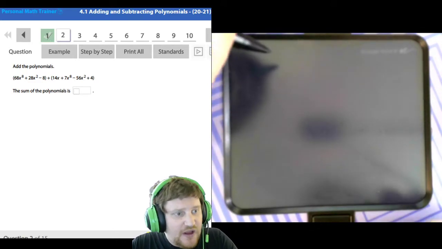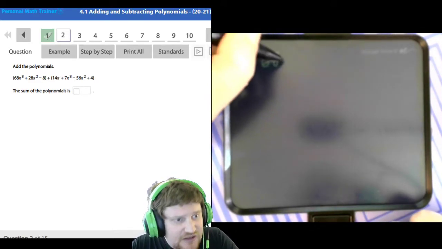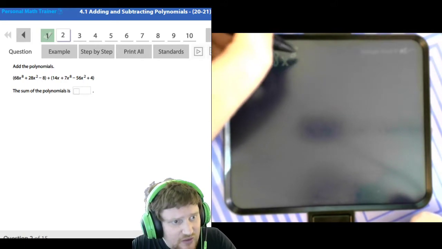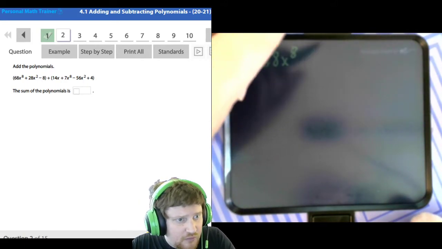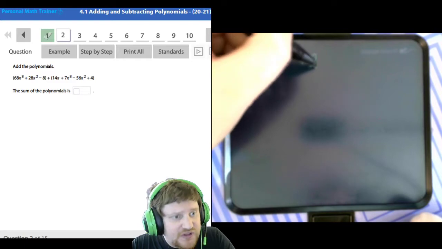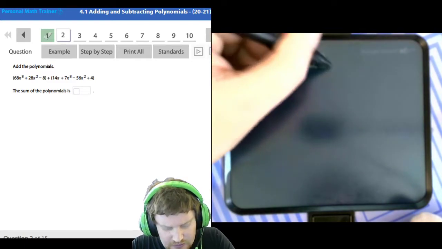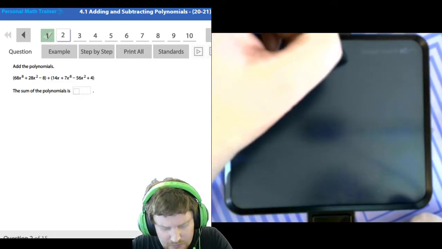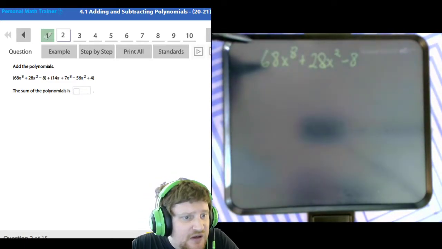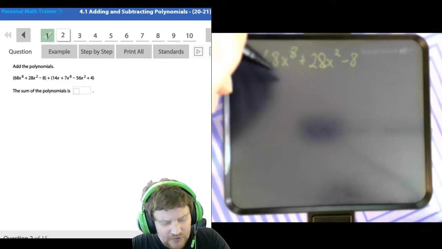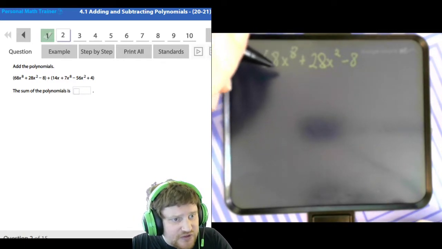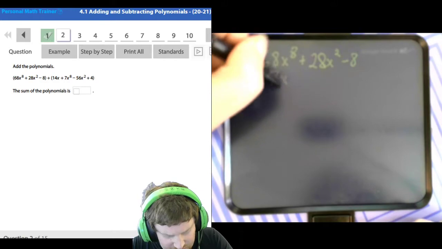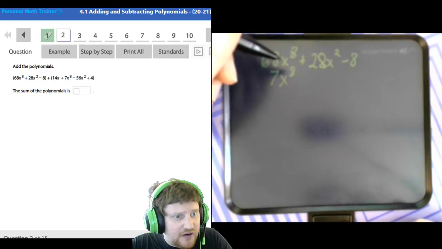So it looks like on the left I have 68x to the 8th plus 28x squared minus 8, and then it looks like I have 7x to the 8th, so 7x to the 8th goes there.